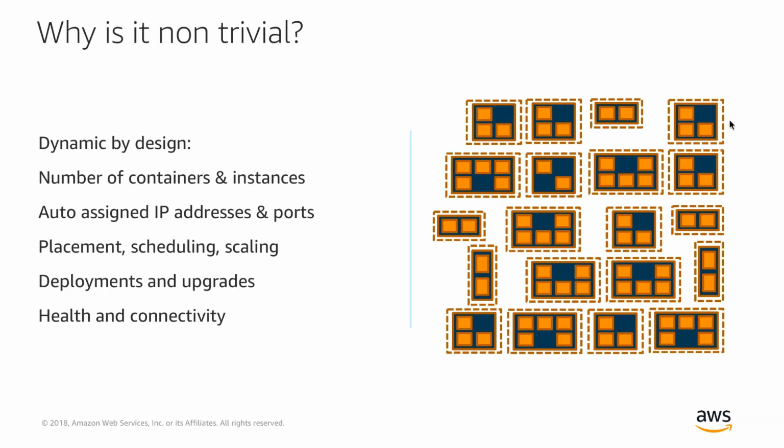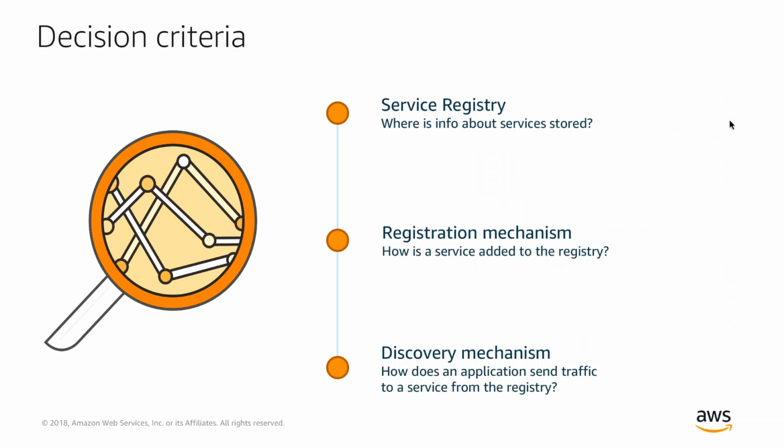So in evaluating different solutions for this non-trivial problem, Service Discovery, there are a few different things to consider. The first is the Service Registry itself. So where is the information about the different services being stored? And how much do I have to manage about this storage engine? Is it something I'm going to have to scale if I have a lot of different services or many different requests for the services? How hands-on is the registry itself?